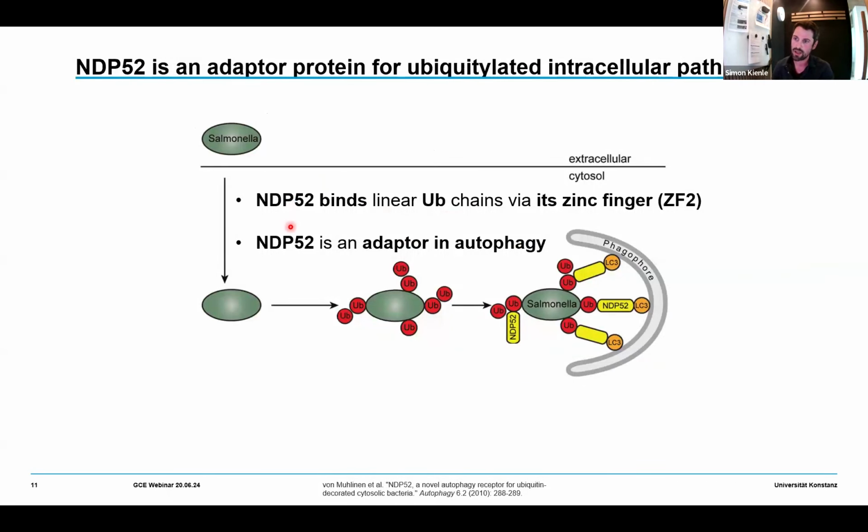Here, NEP52 normally binds to linear ubiquitin chains by its C-terminal zinc finger. And as I said, it then functions as an adapter protein for autophagy, especially xenophagy. So we then wanted to look in more detail at NEP52 and its interaction with ubiquitin acetylated at position 6.